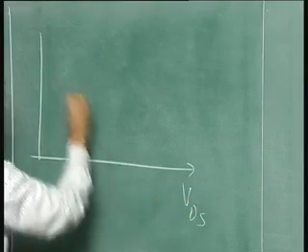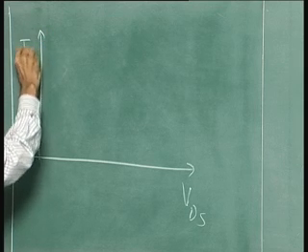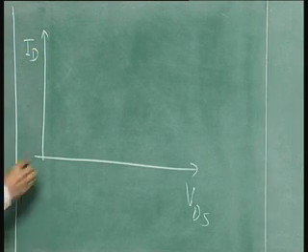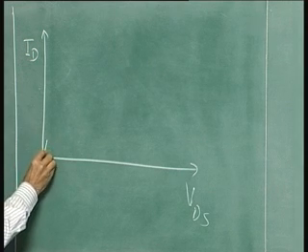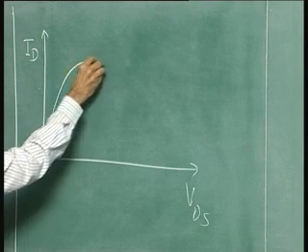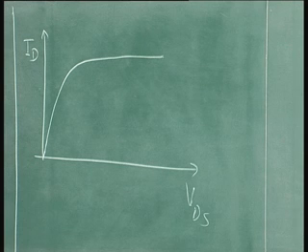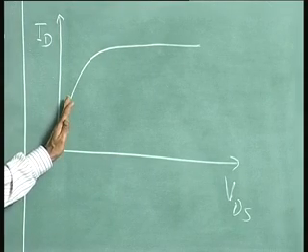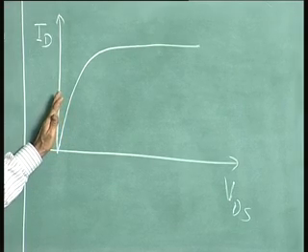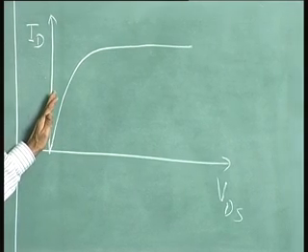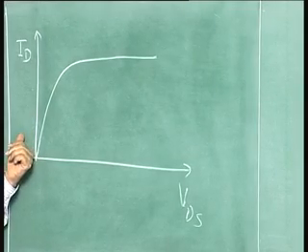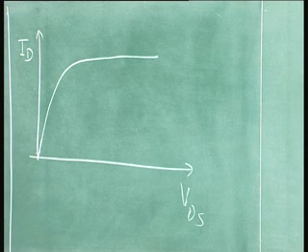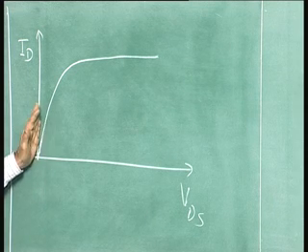To recall, the Vd versus Id curve is like that. Now, this slope here is determined by the low field mobility, and this slope is actually the on resistance of the device. Okay. So, you want this to be as steep as possible.